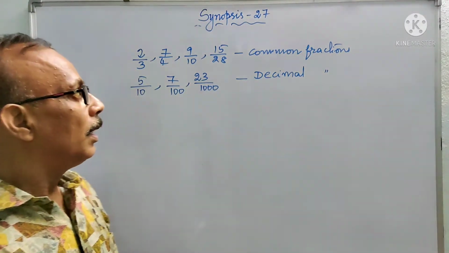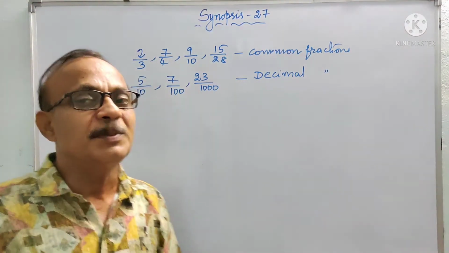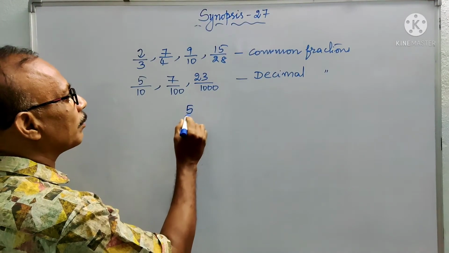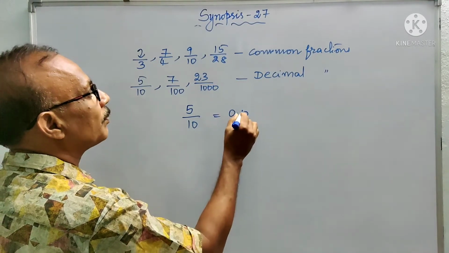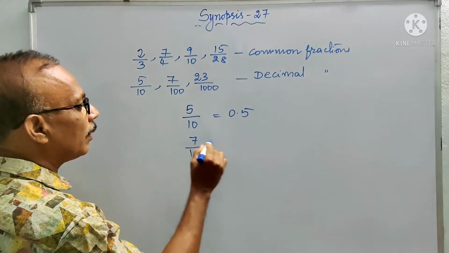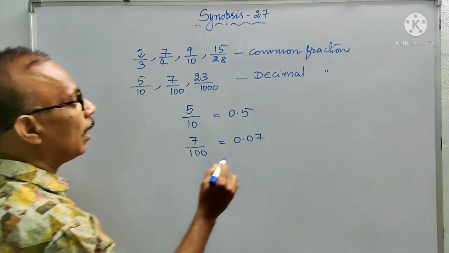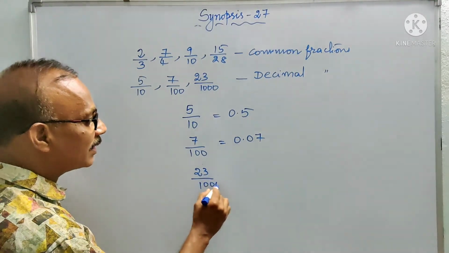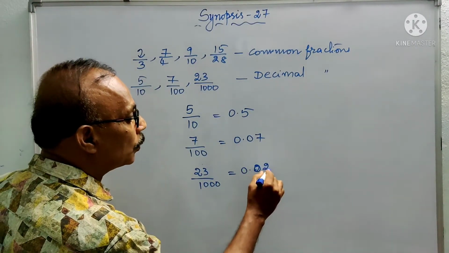Now, there is another way of writing these decimal fractions. For example, if you take 5 by 10, you can write this as 0.5. And 7 by 100, you can write as 0.07. And 23 by 1000, you can write as 0.023.